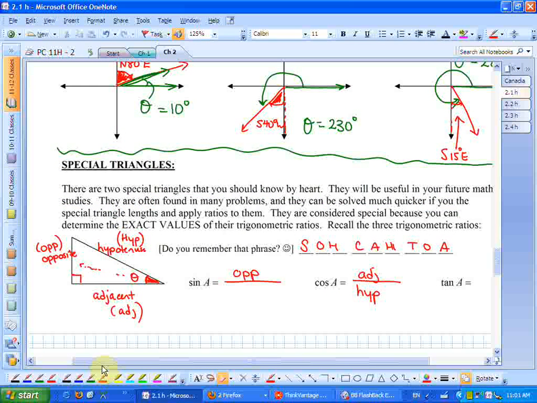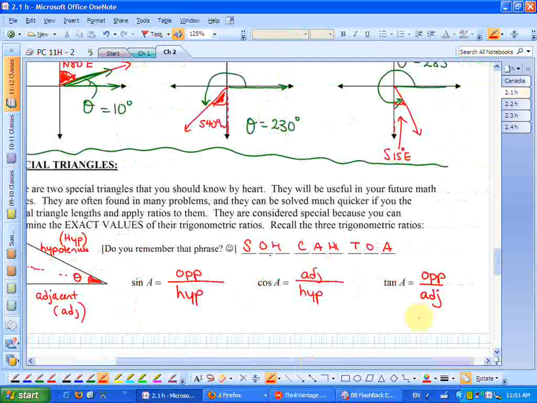Thank you. Don't blindly copy things down. So, S-O-H, okay? Sine is opposite over hypotenuse. Cosine is adjacent over hypotenuse. And last but not least, tangent is? Opposite over adjacent. Good. Okay? Now, I want you to keep these ratios in mind as we look at two what we call special triangles. Okay?